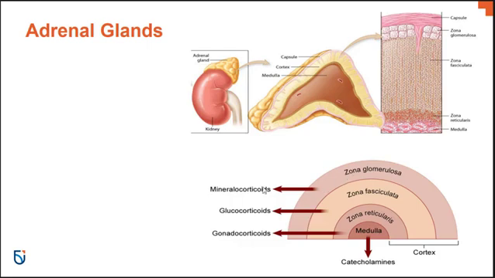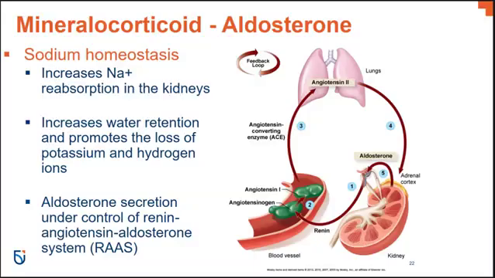So the most outer layer here, the glomerulosa, produces mineralocorticoids. Then that inner layer here, the fasciculata, glucocorticoids, and the reticularis produces gonadocorticoids. All have that suffix being corticoids. And then the medulla, that most inner layer here, produces catecholamines.